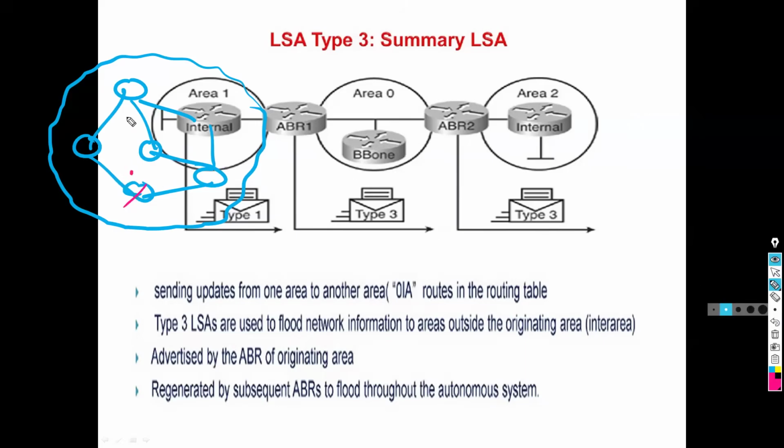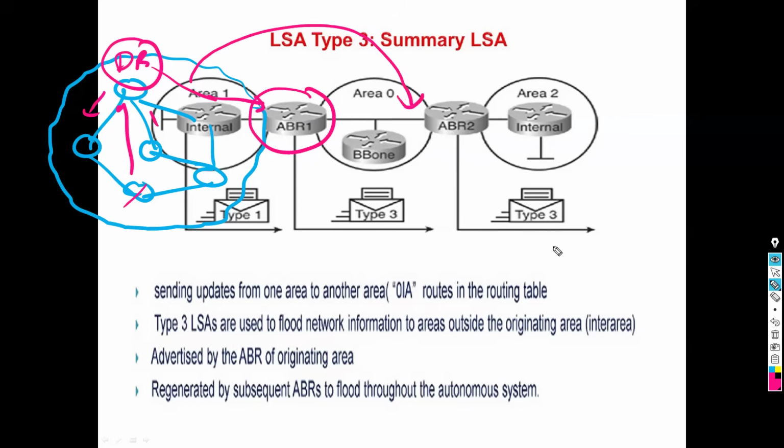For example, this one is the DR router. Now the DR will send this update to each router, and to the ABR router. Now, if this update is not available in area 0, then the problem is related to what? The ABR. Clear this point?